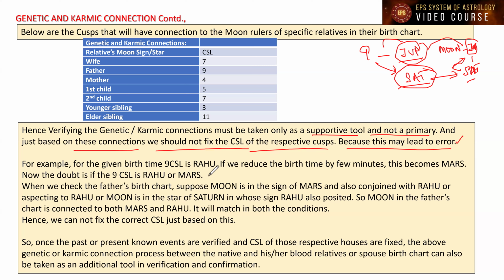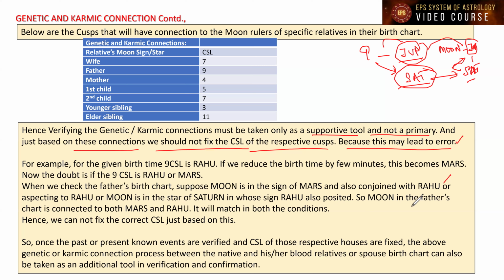For example, for the given birth time the ninth sublord is Rahu. If you reduce the birth time by a few minutes, it becomes Mars. The doubt is whether the cuspal sublord is Rahu or Mars, just as it was Jupiter or Saturn. When we check the father's birth chart, suppose the moon is in the sign of Mars and also conjoined with or aspecting Rahu, or the moon is in the star of Saturn, in whose sign Rahu is posted, so Saturn is represented by Rahu.